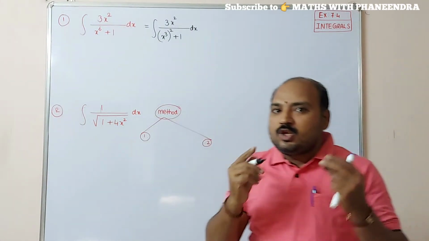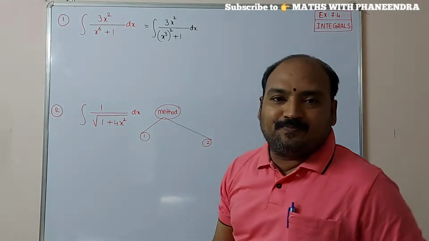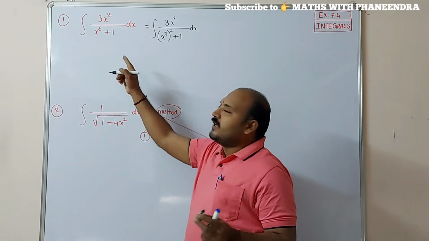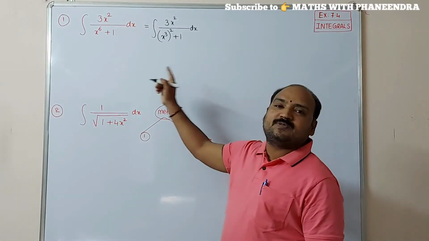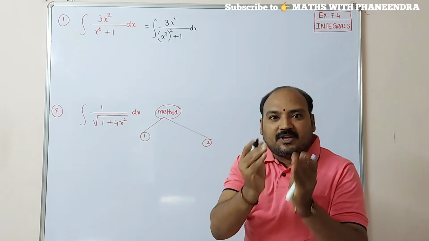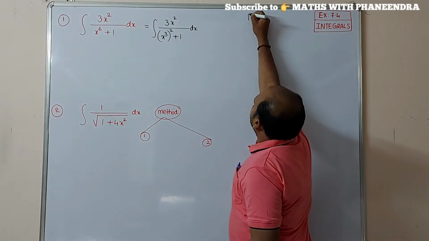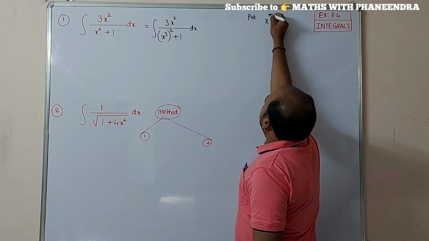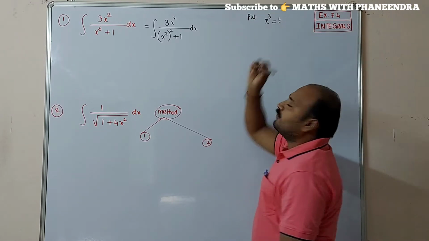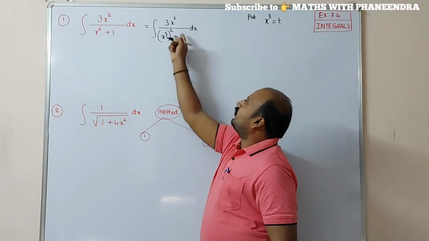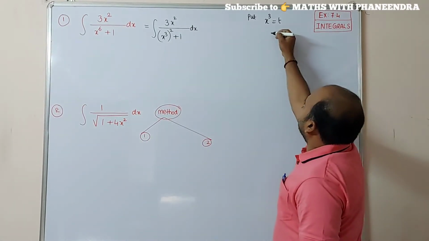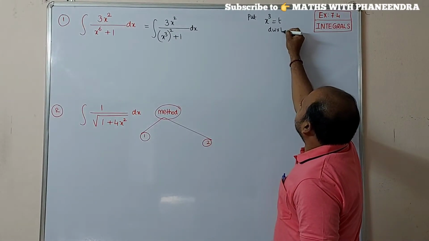So what is the use of writing it this way? After writing x power 6 in terms of x power 3, you take it as t, an assumption. Put x power 3 is equal to t. So I want to get the value of dx, so differentiate with respect to x.